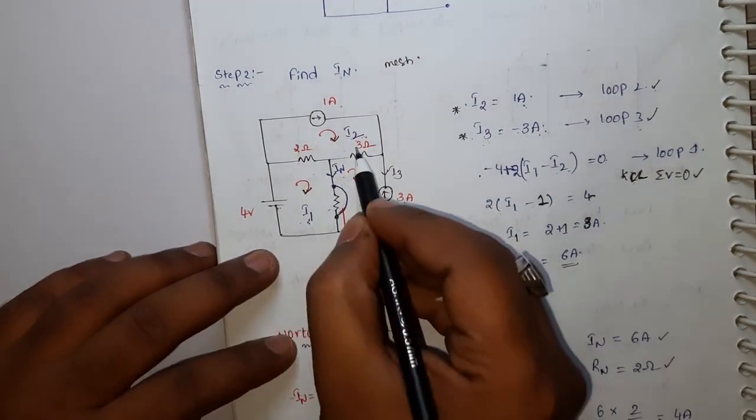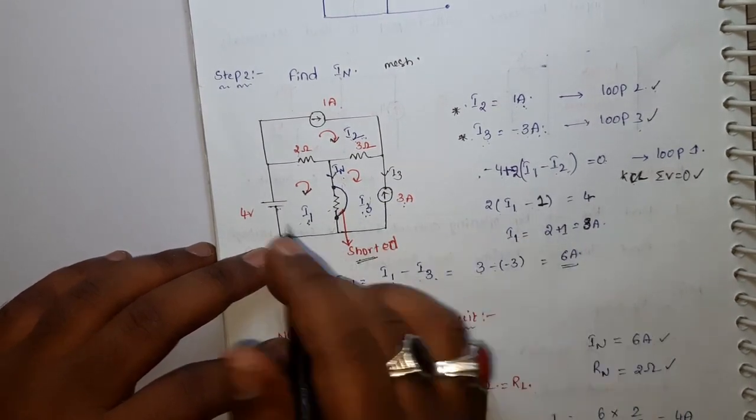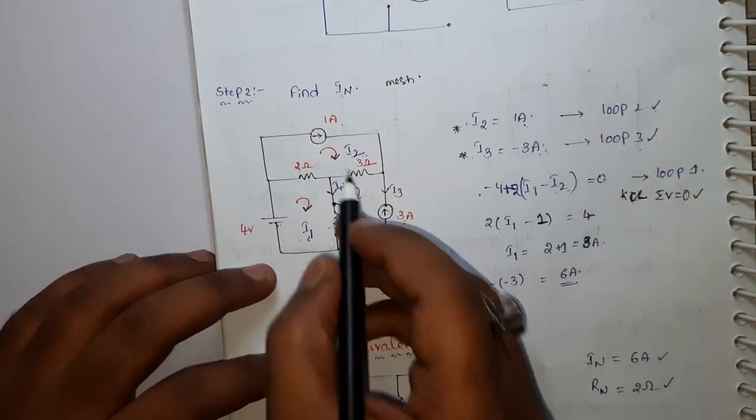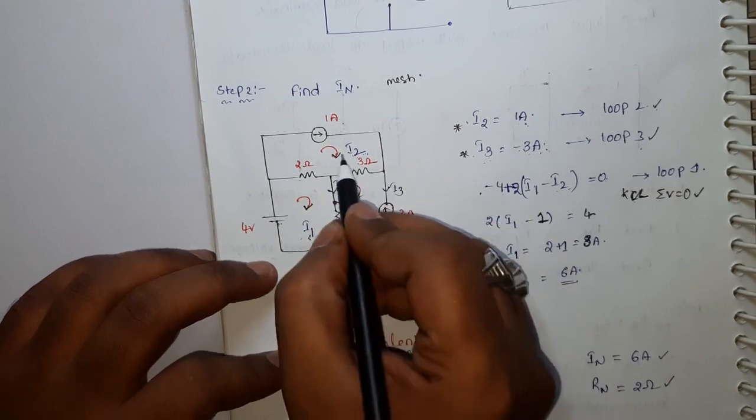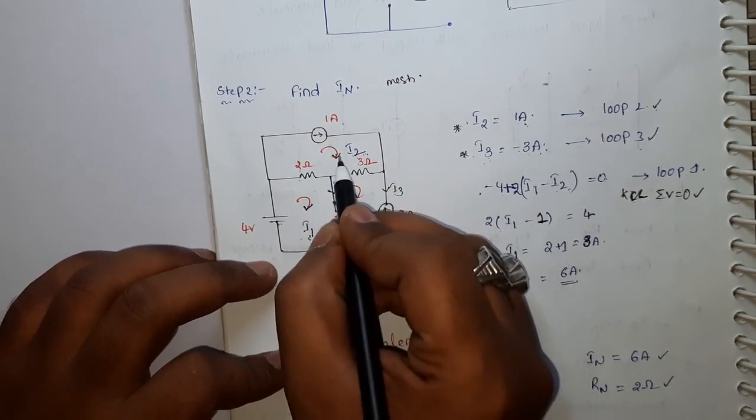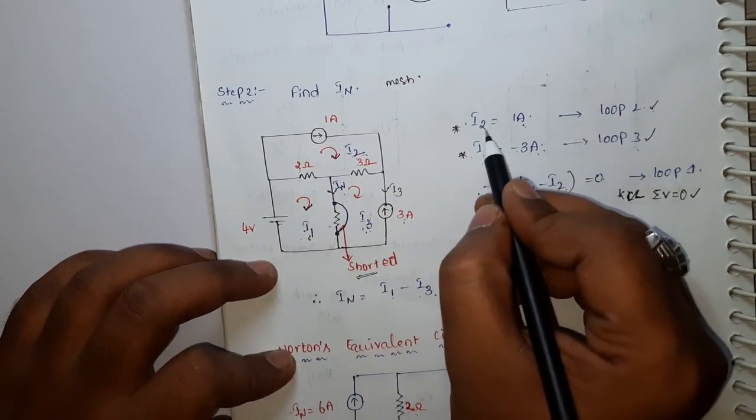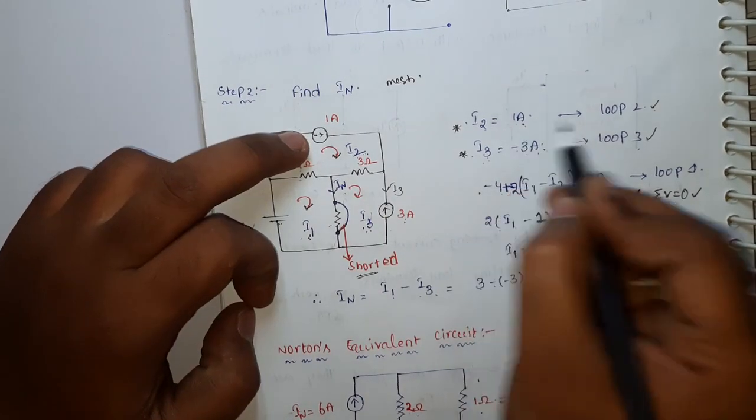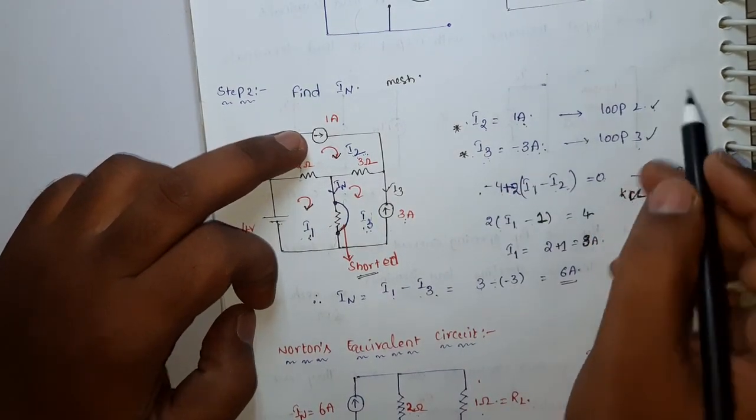I1, I2 and I3 are loop currents. If we observe loop 2, the branch current I2, which is in clockwise direction, equals 1 ampere, which we got from loop 2.